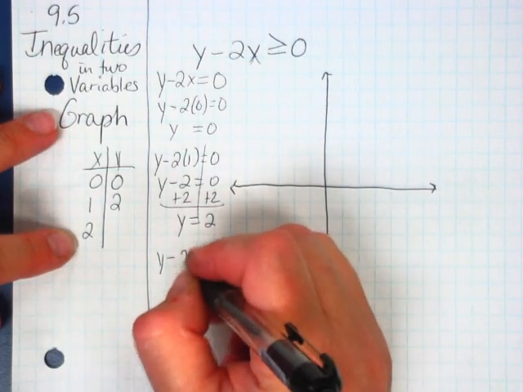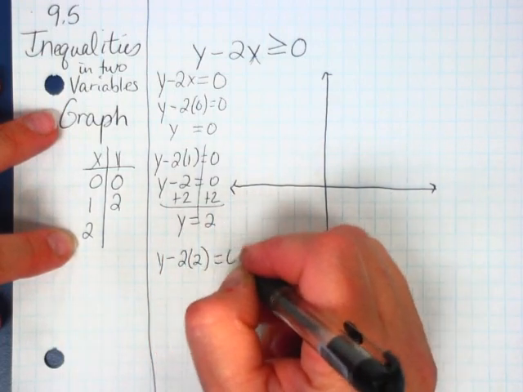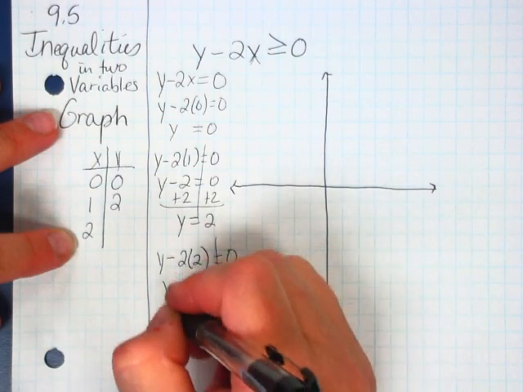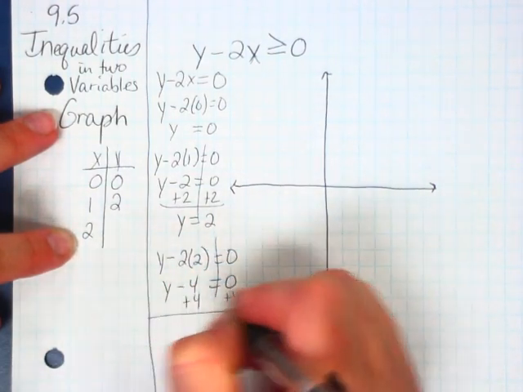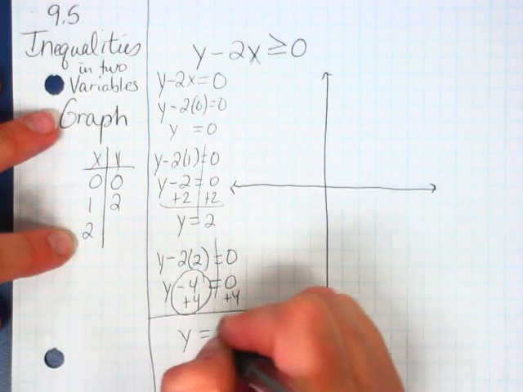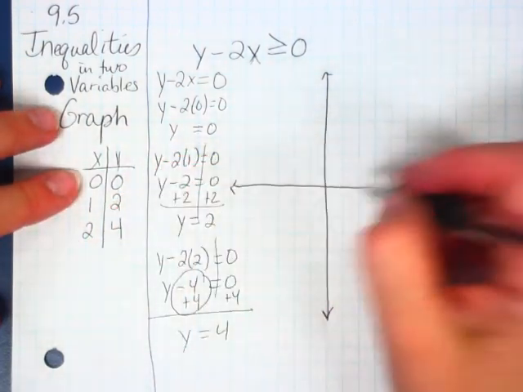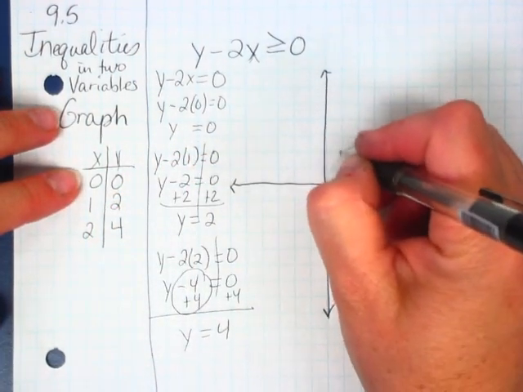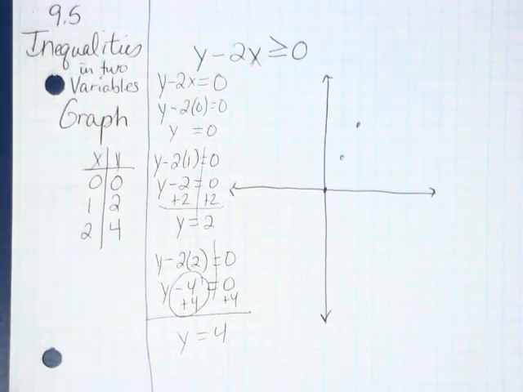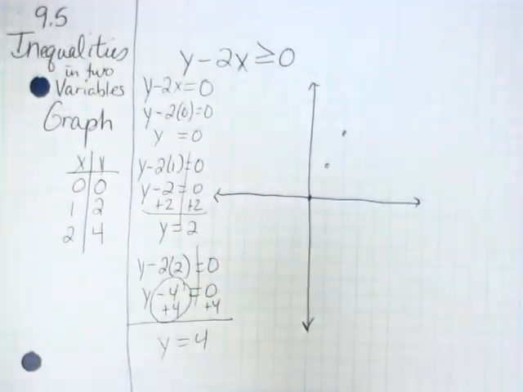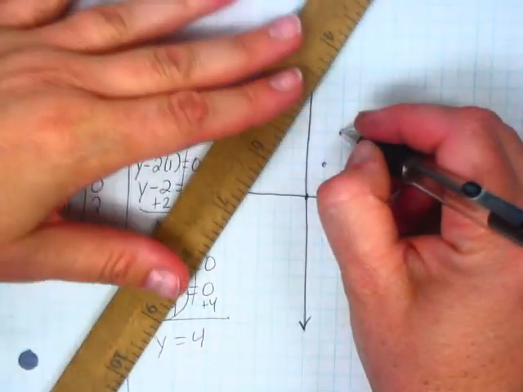Y minus 2 times 2, y minus 4. Add 4 to both sides, opposite operations. Y equals 4. All right, so now we have 0, 0, 1, 2, and 2, 4. It is going to be a solid line because there is an equal sign.